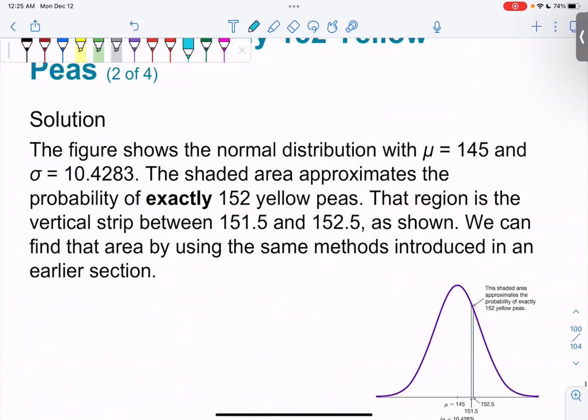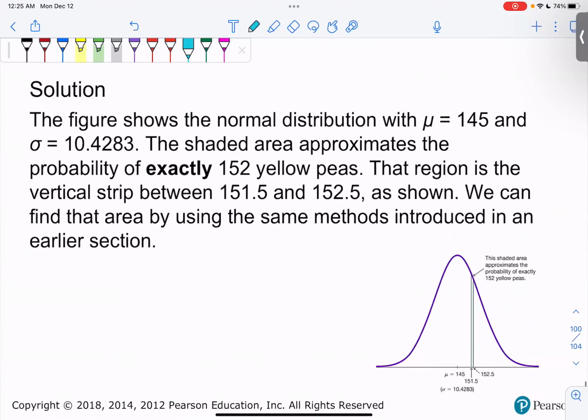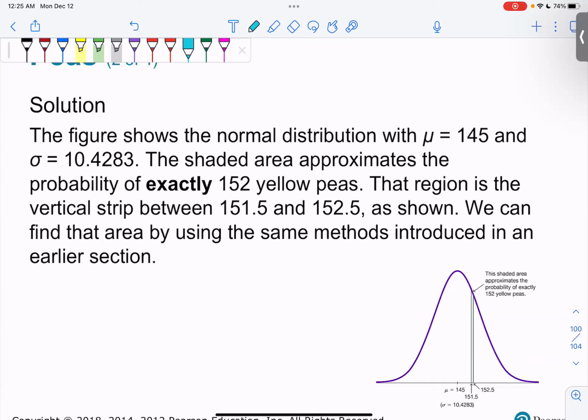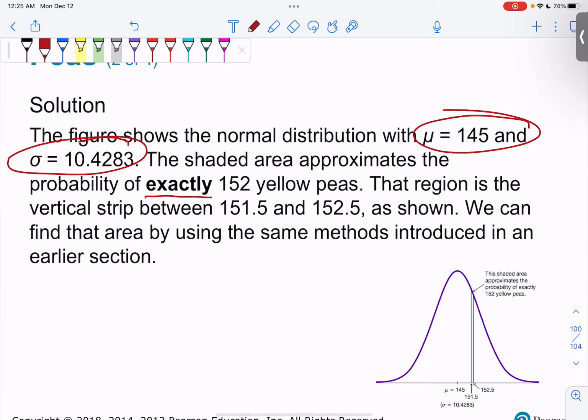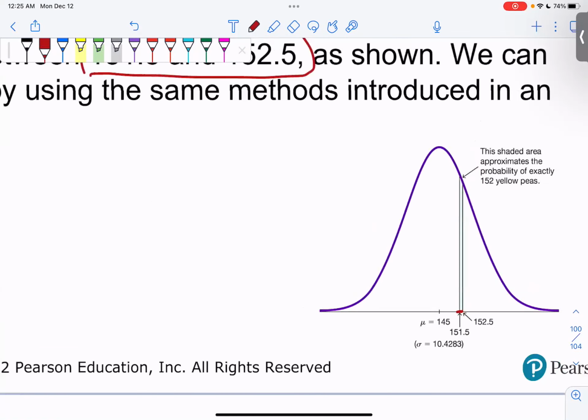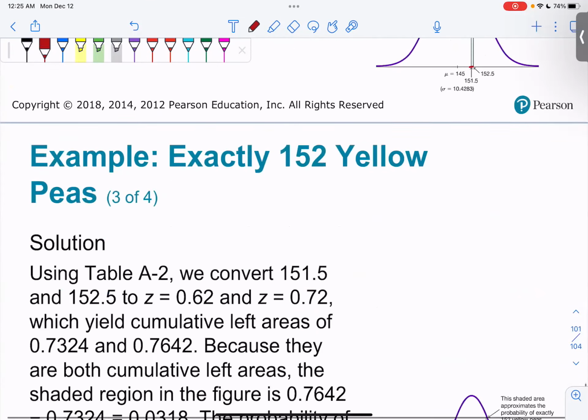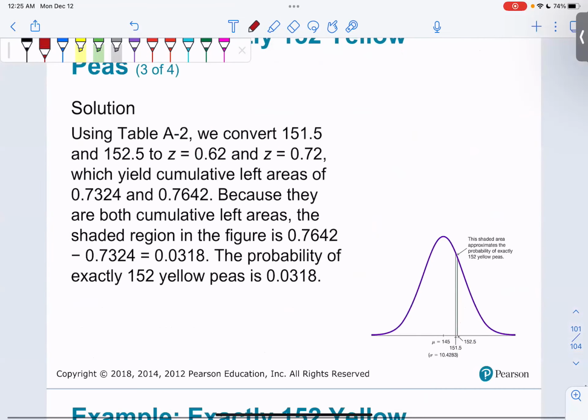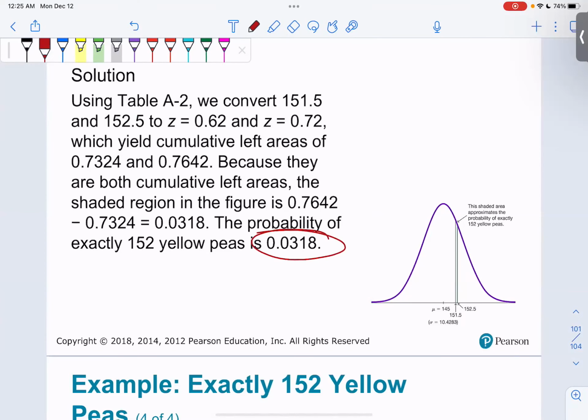So let's see here the question. So now we did find mu and sigma, which we already know, and then the probability of exactly 152. So the region will be between 151.5 and 152.5, and then this is the shaded area here, right? And then this is the value of the probability using the table, right?